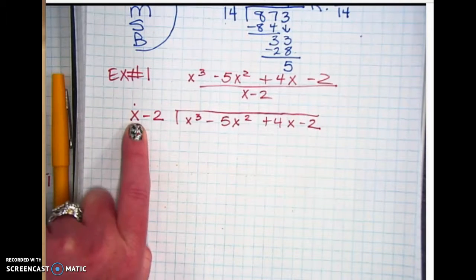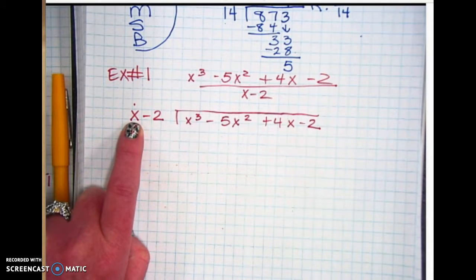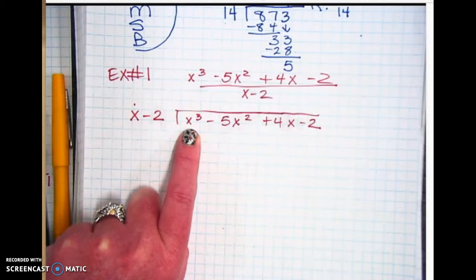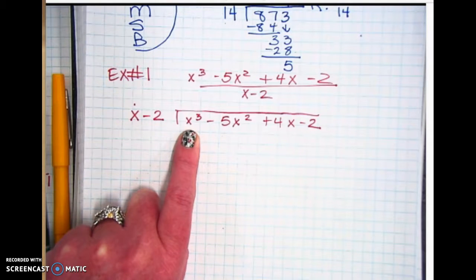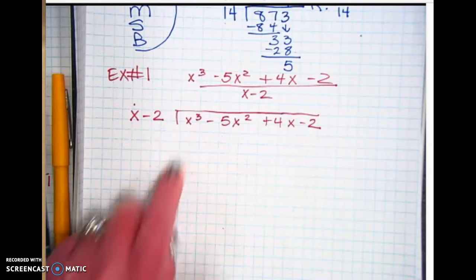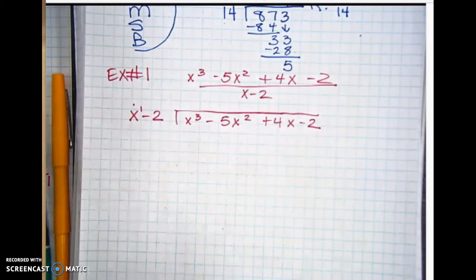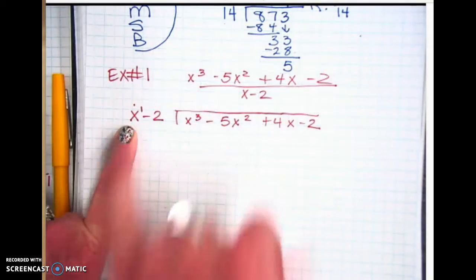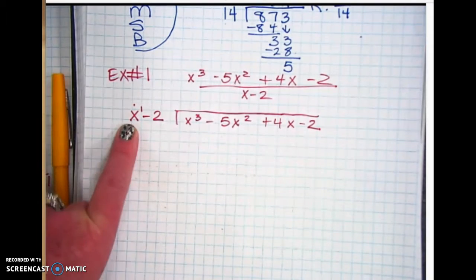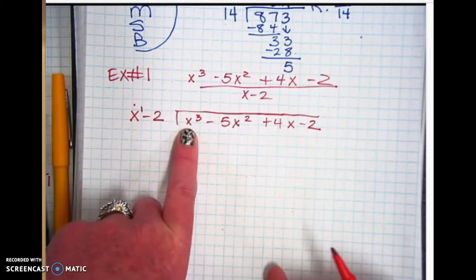So you're going to say, how many times does x go into x to the 3rd? How about x to the 2nd times? Because this is x to the 1st. We would need it to add up to 3. So x to the 1st times x to the 2nd would give us x to the 3rd.